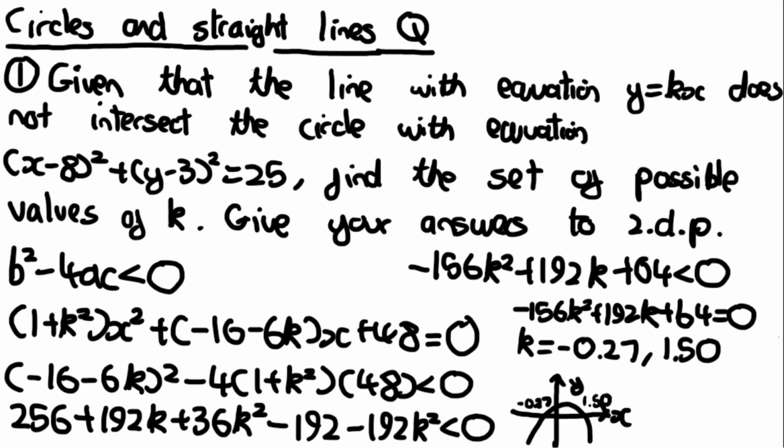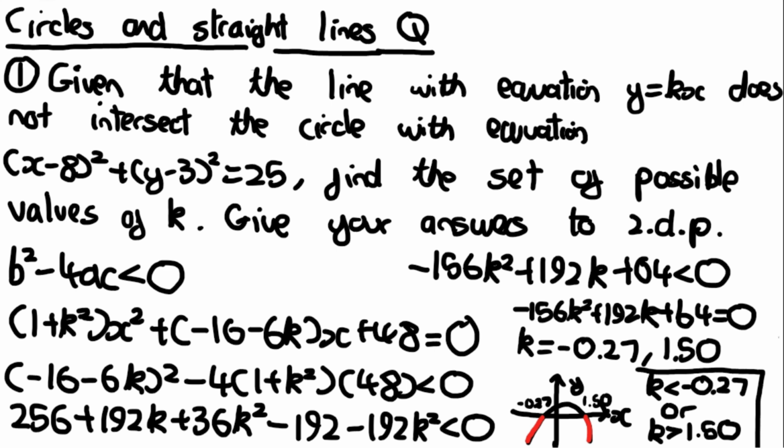We need to find the values where the quadratic is less than 0, and the values where the quadratic is less than 0 are going to be these values here, because this is when it's under the axis, so it's less than 0, and these values are going to be when k is less than -0.27 or when k is bigger than 1.50, and this is the answer to the question.